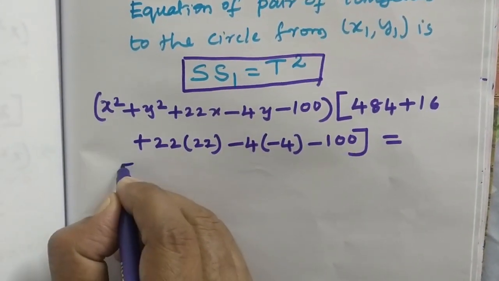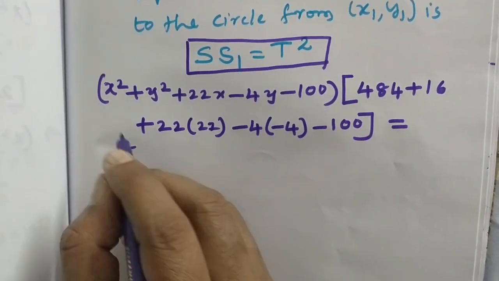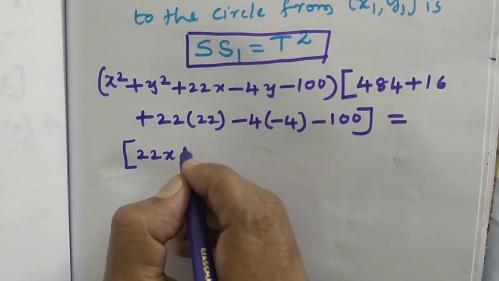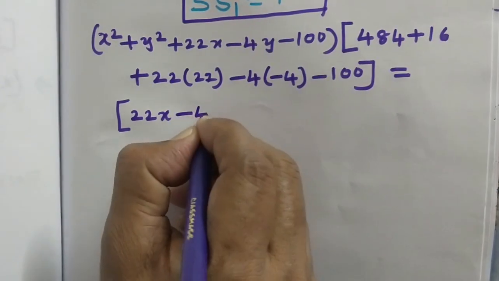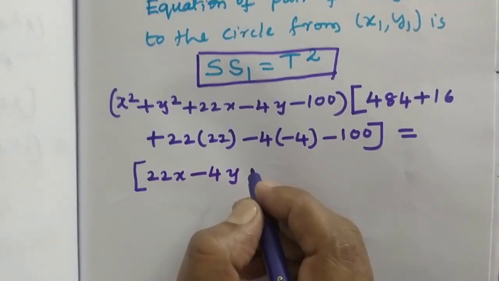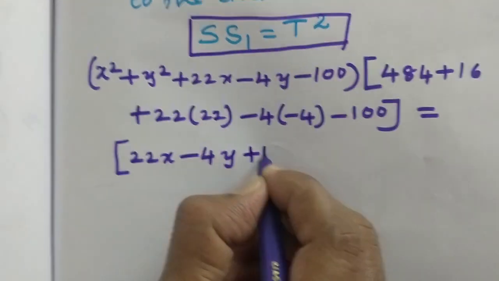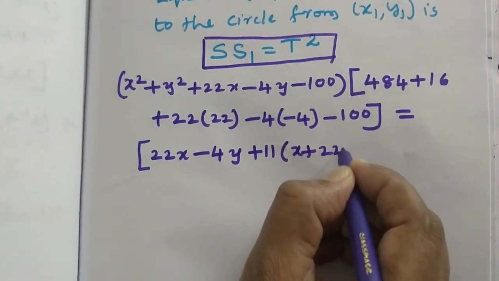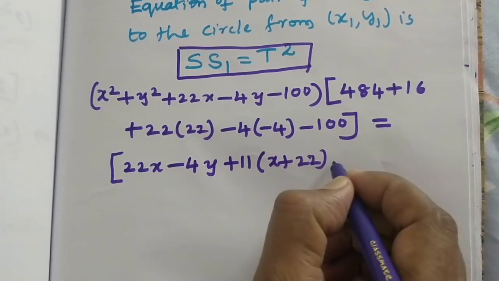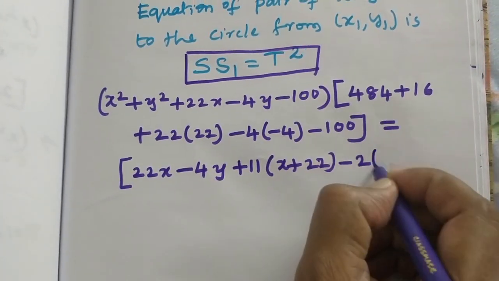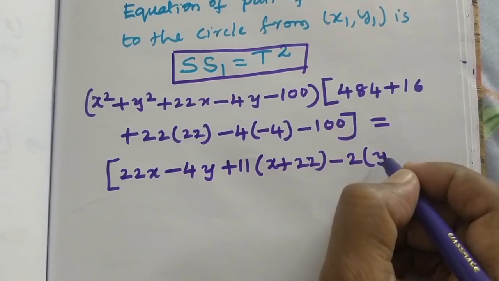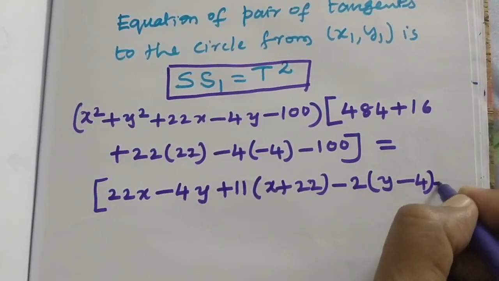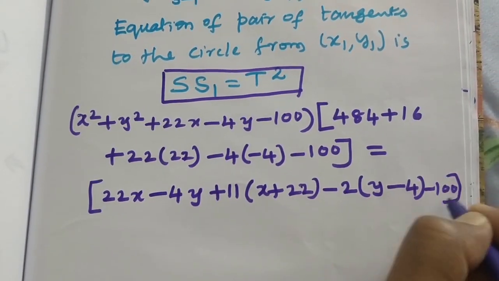So x into x1 means x into 22, that is 22x, plus y into y1 means it is minus 4y, plus g of 11 into x plus x1 is 22, minus 2 of f into y plus y1 is minus 4, minus 100 c is, so 100 whole square.